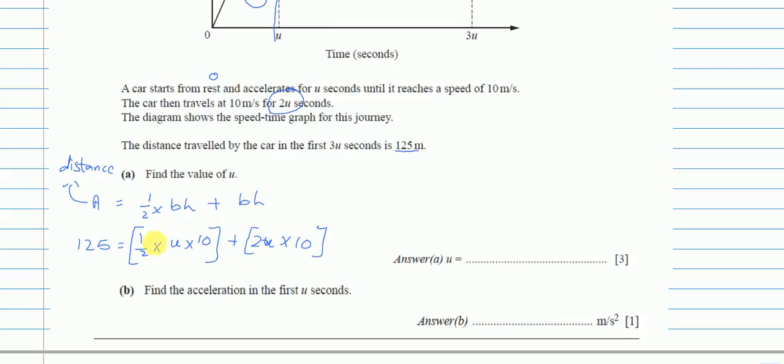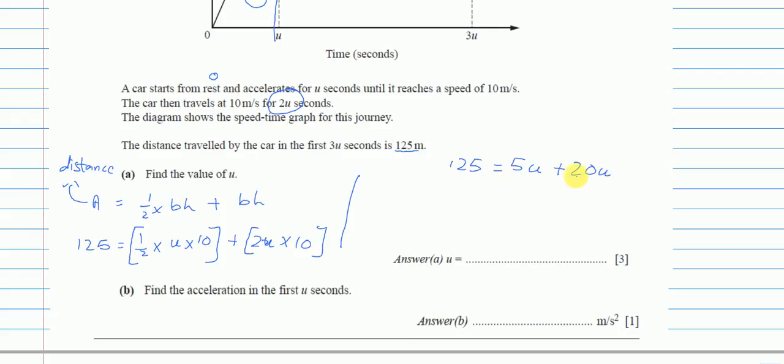Now I will just solve this one. Half of 10 is 5. 5 times u is 5u. I'm just going to complete on this side. It will be 125 equals 5u plus 2u times 10, which is 20u.